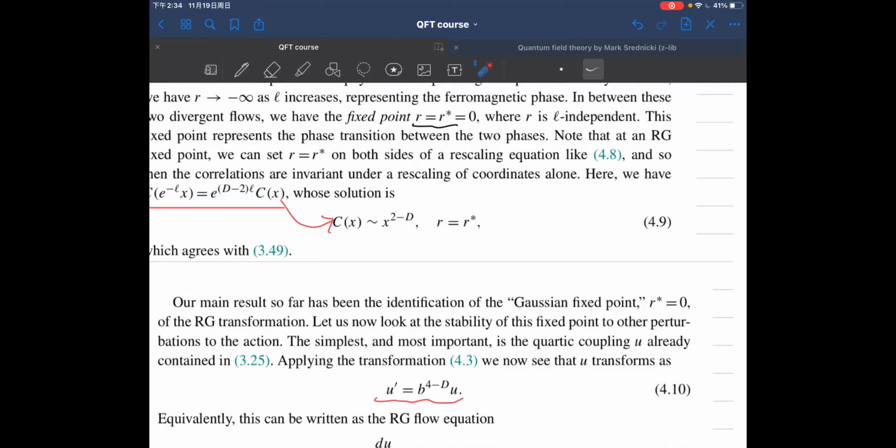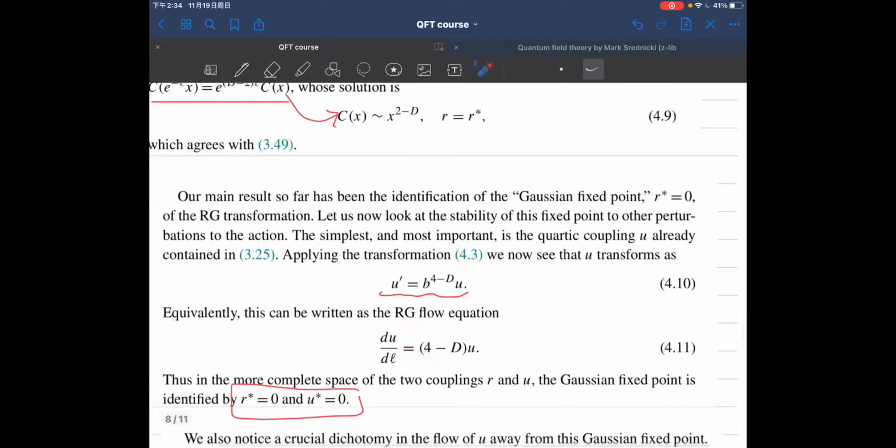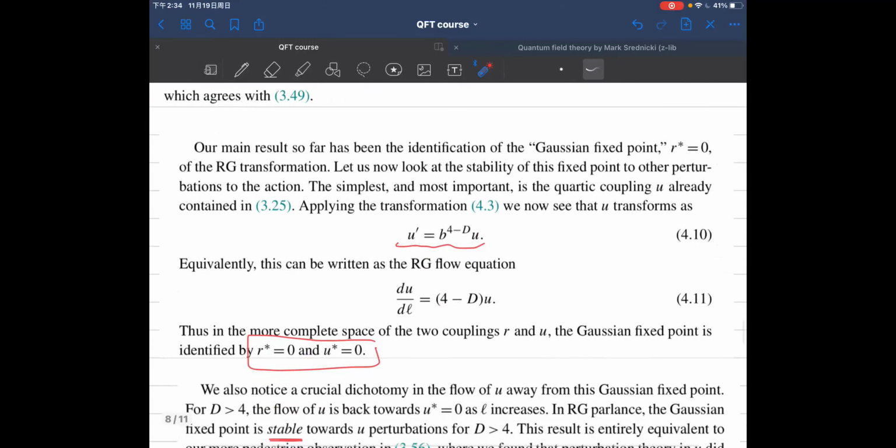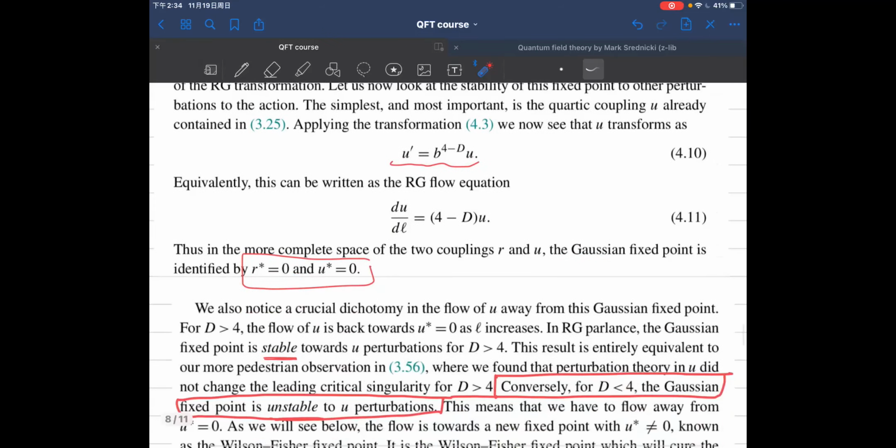At first, simply, we can introduce a quartic coupling U. Then we have the RG flow. The Gaussian fixed point is still r star equal to 0 and U star equal to 0. That's great.